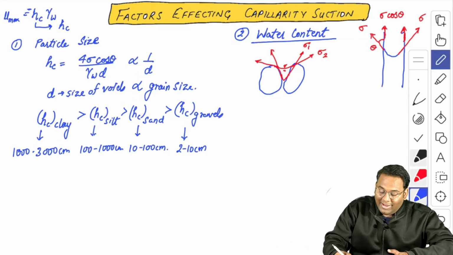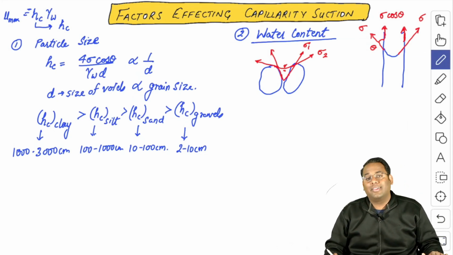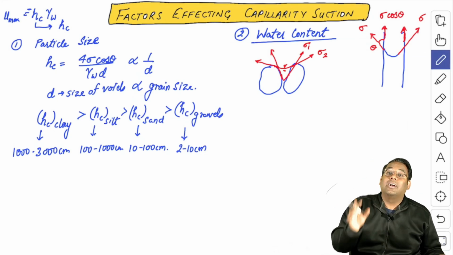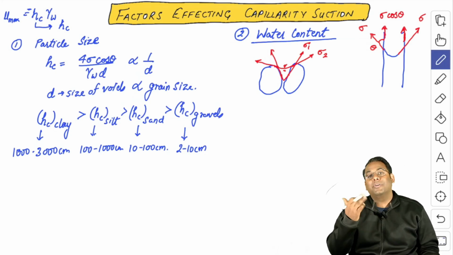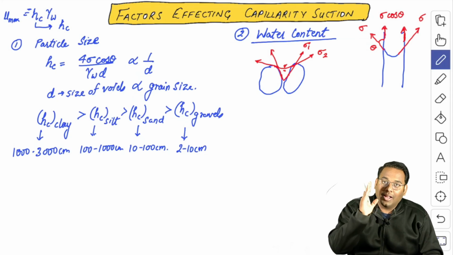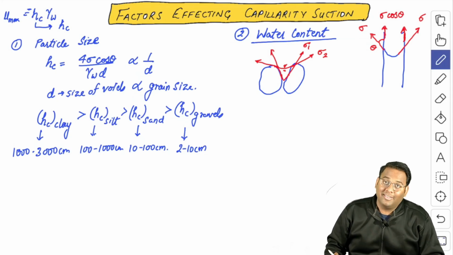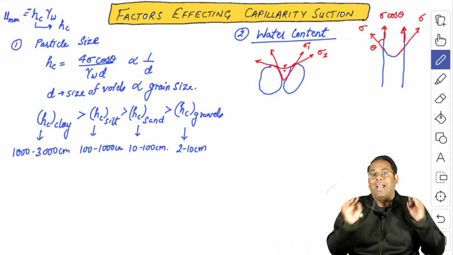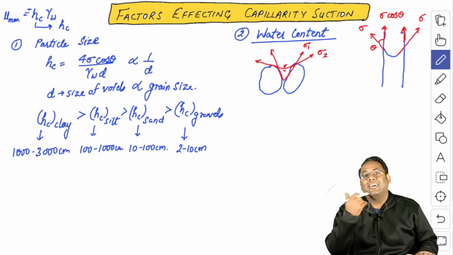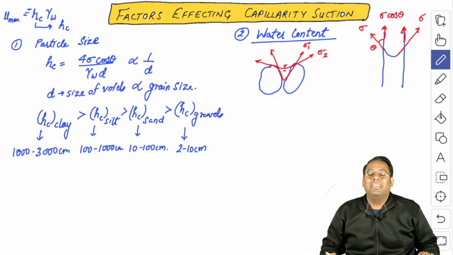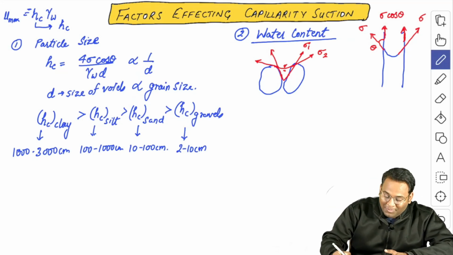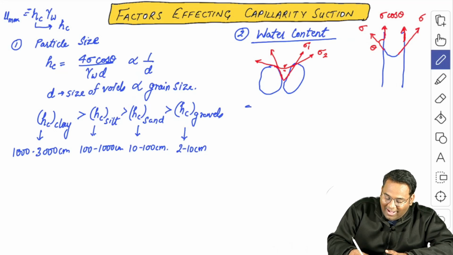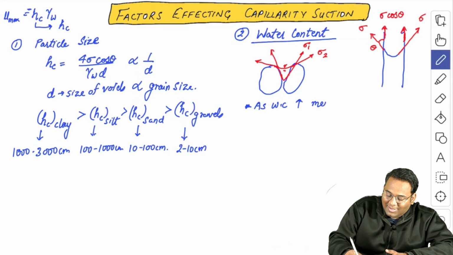So as the water content increases, the meniscus becomes more horizontal or flatter, and hence the upward component of surface tension keeps decreasing. As the water content increases, the capillary rise will be less because of the increase in the contact angle.